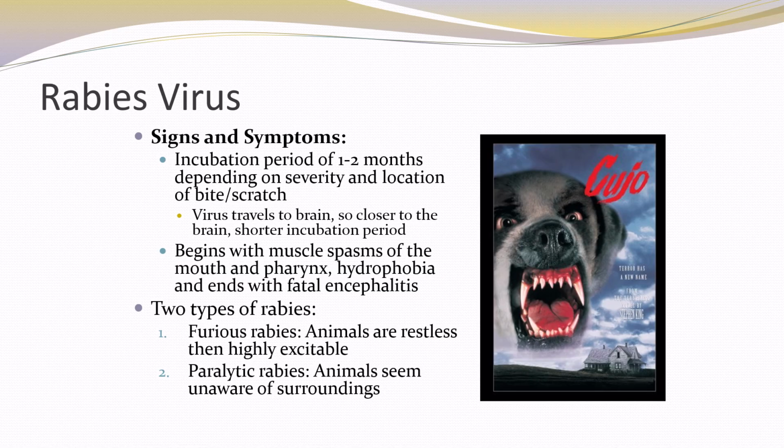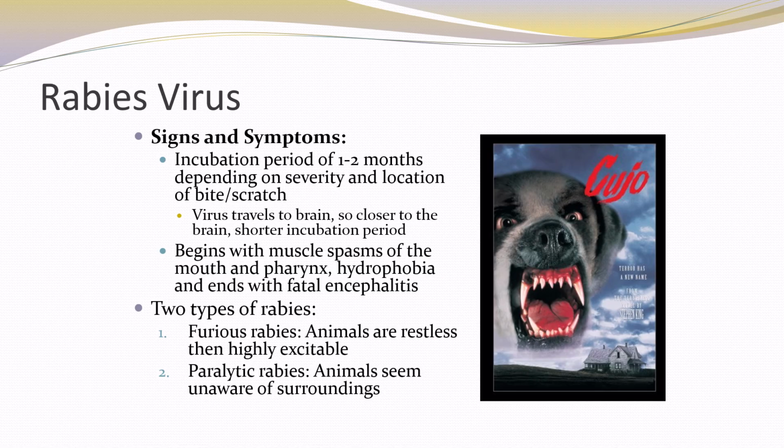What we see is muscle spasms of the mouth. So typically what we might interpret as snarling is what we will see with the starting symptoms, as well as hydrophobia that could potentially end in encephalitis.